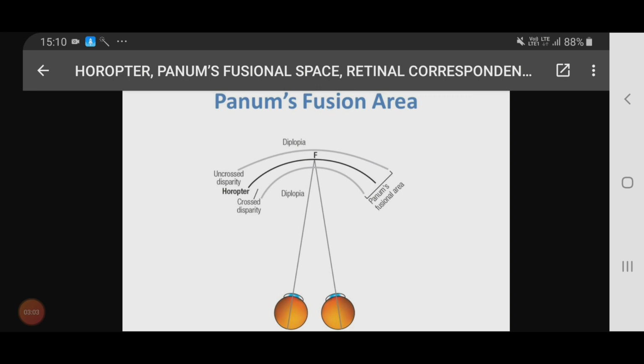So this total space is called Panum's fusional area. If any object point lies in Panum's fusional area, you will definitely see that object as single. There may be slight fixation disparity, but we see it single. That is Panum's fusional area.